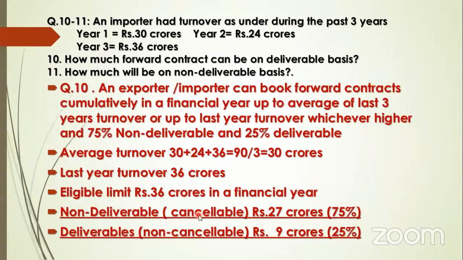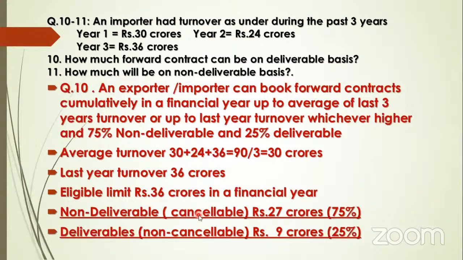Madam, note down: preceding 3 years. The same rule will be applied elsewhere. Sometimes they will deliberately mislead you by giving the data for 5 years. Don't worry. You pick up the data for the immediately preceding 3 years and take the average. Then find the immediately preceding year's figure. Whichever is higher, you take that as the limit under FEMA rules.